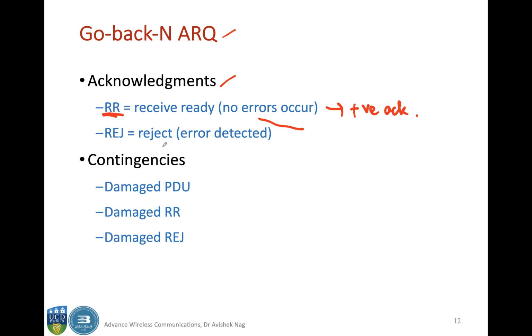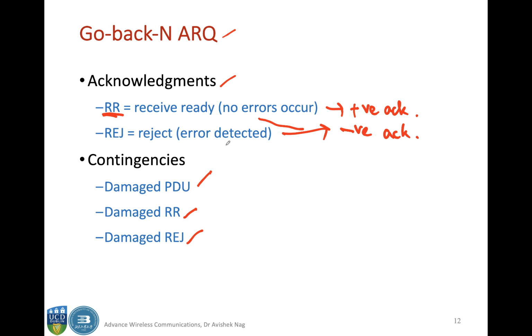And REJ means reject or error detected. So this is a negative acknowledgement, okay. And then different contingencies can happen. One is a damaged PDU. But then there can be a damaged RR or a damaged reject, okay. Based on these different contingencies, you can have different scenarios.